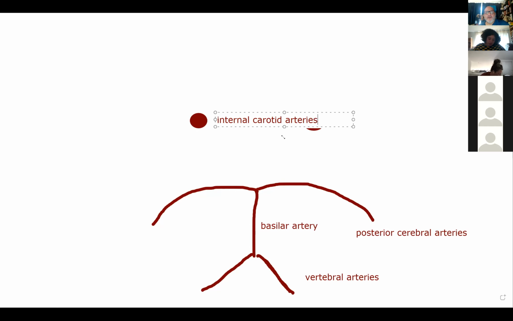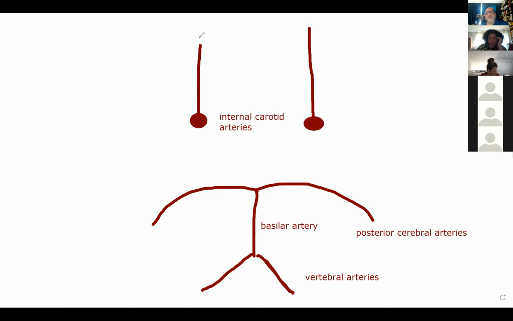Those internal carotid arteries, the left and the right, just like there's a left and the right cerebral arteries, come up. And from them, they primarily branch. And when they branch, they form branches that move towards the front of the brain, helping to form what are known as the anterior cerebral arteries.